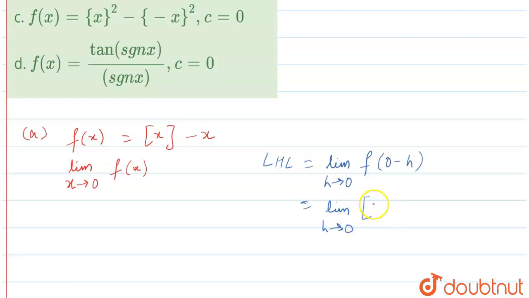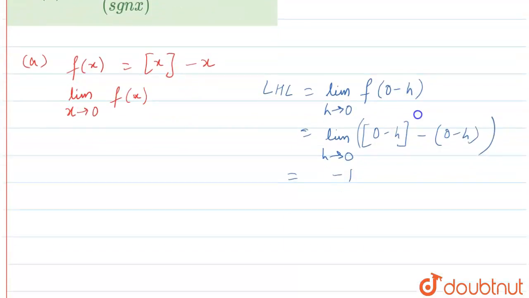Greatest integer of 0 minus h minus 0 minus h. Here we have a value just less than 0 in greatest integer, and that gives a value minus 1. So we can write minus 1, and here we have plus h, and h is tending to 0, so we can write the value just tending to minus 1.